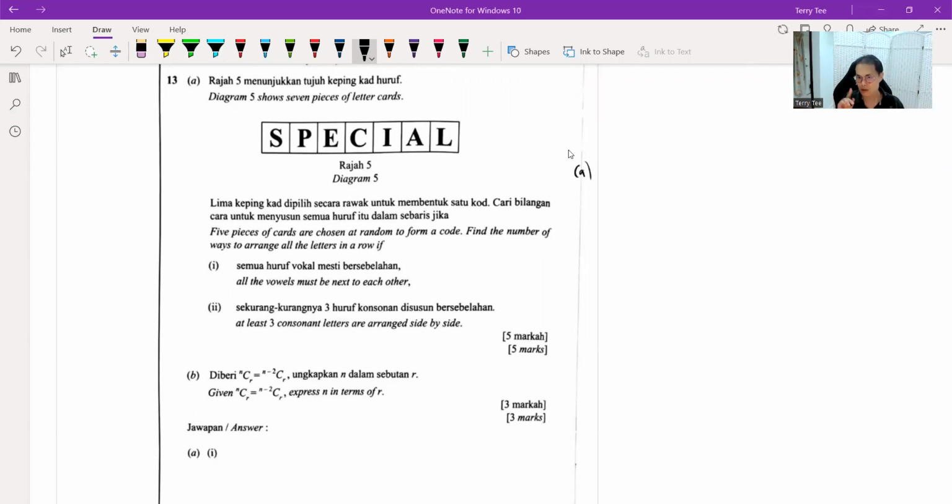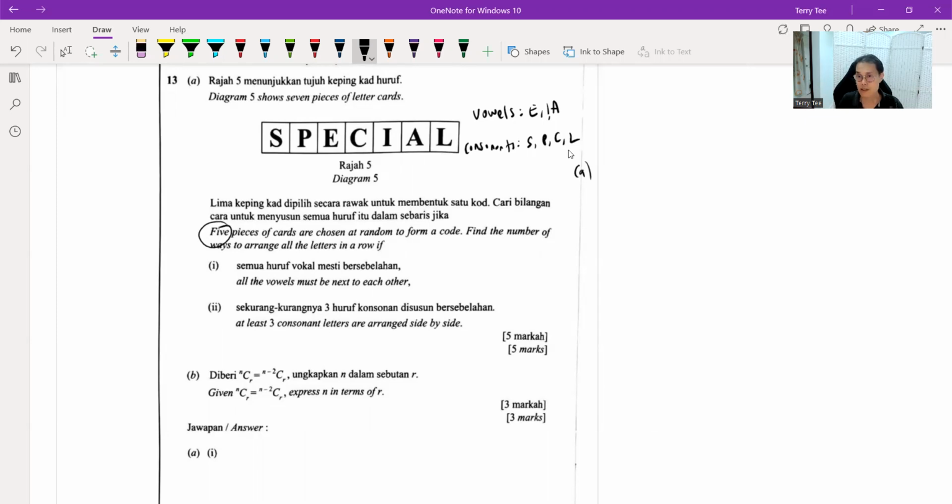Okay, I'm going to do it here. First, understand I'm only arranging 5, I don't arrange all 7. When we say vowel, we are referring to E, I, A. For consonants, we are referring to S, P, C, L. There are 4 consonants and 3 vowels.